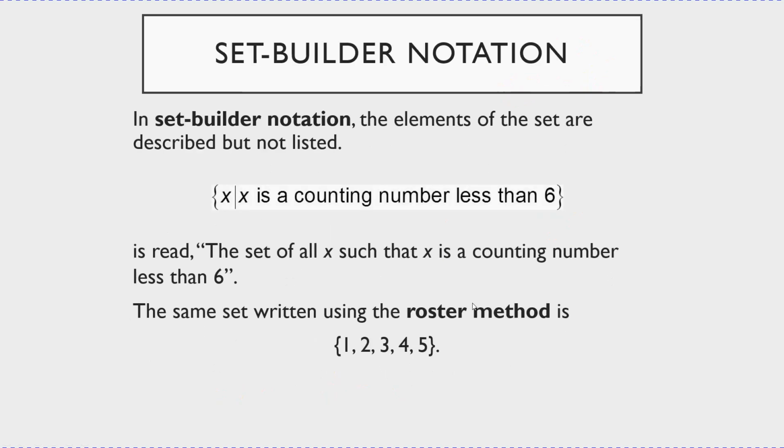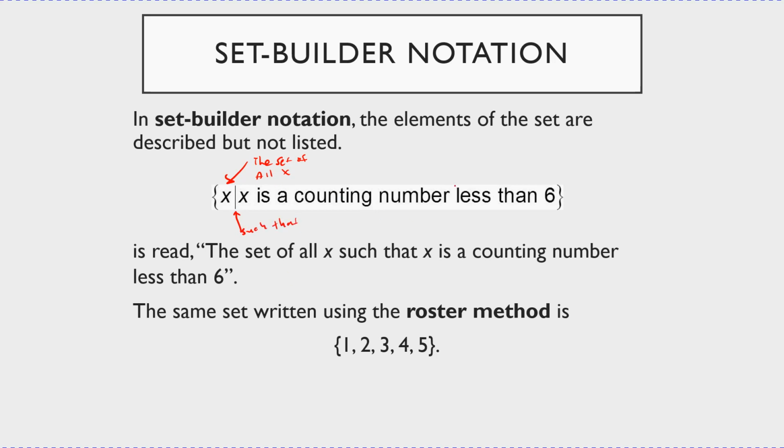We also have what's called set builder notation, where the elements of a set are described but not listed. And so you see something like this. You have these braces, and this first thing is the variable x. So it's the set of all x. This line here means such that, so now we're going to define what x is.